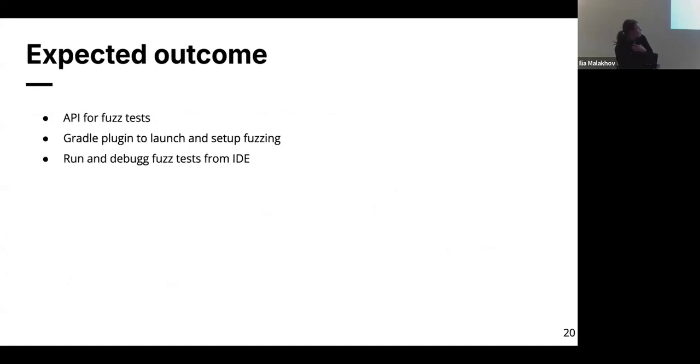So let's say we want an API to write fuzz tests, and a Gradle plugin to be able to run these tests, and we want this to be convenient. For example, we could debug these tests in the IDE without a lot of effort.